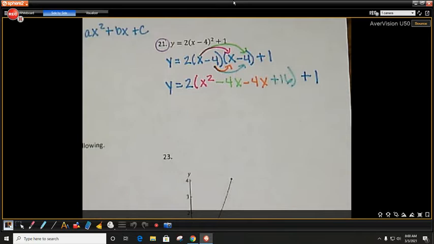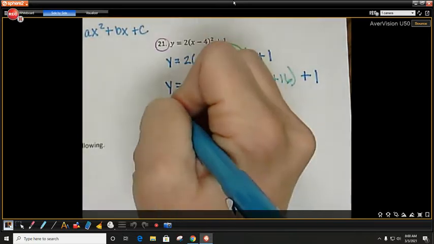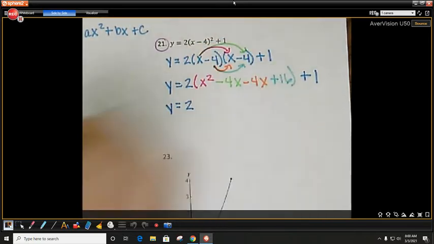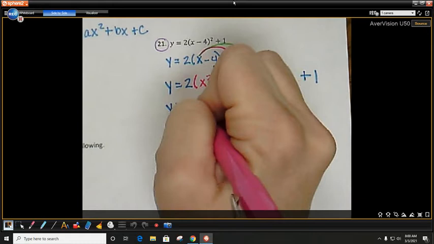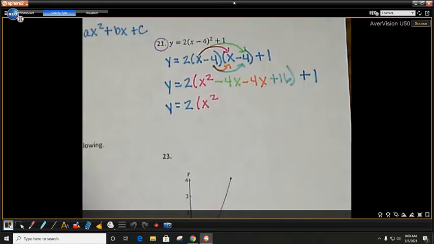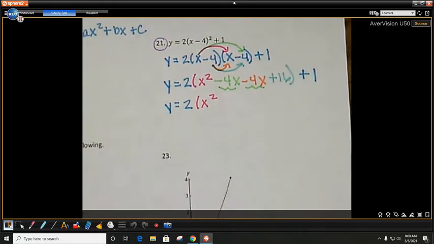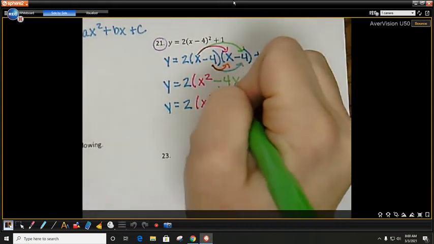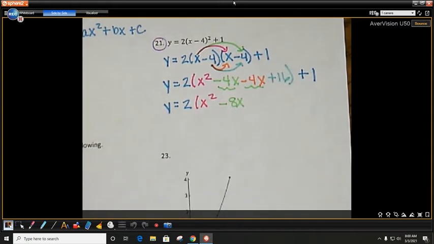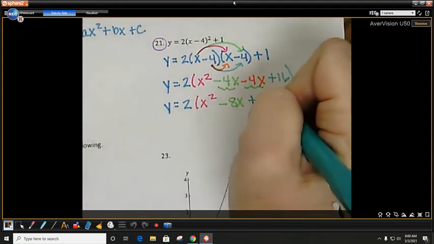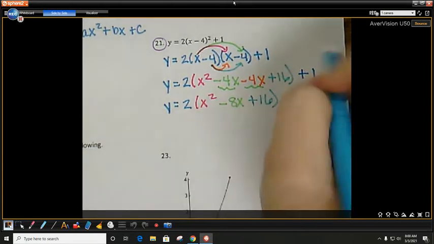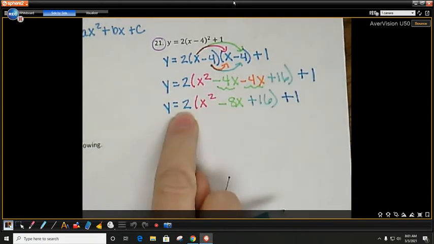Okay? Well, we need to simplify our parentheses. So I have y equals 2 parentheses x squared. These are like terms, so I'm going to combine them. So negative 4x minus 4 more x's is negative 8x plus 16. Still in parentheses because I have this 2 next to it.